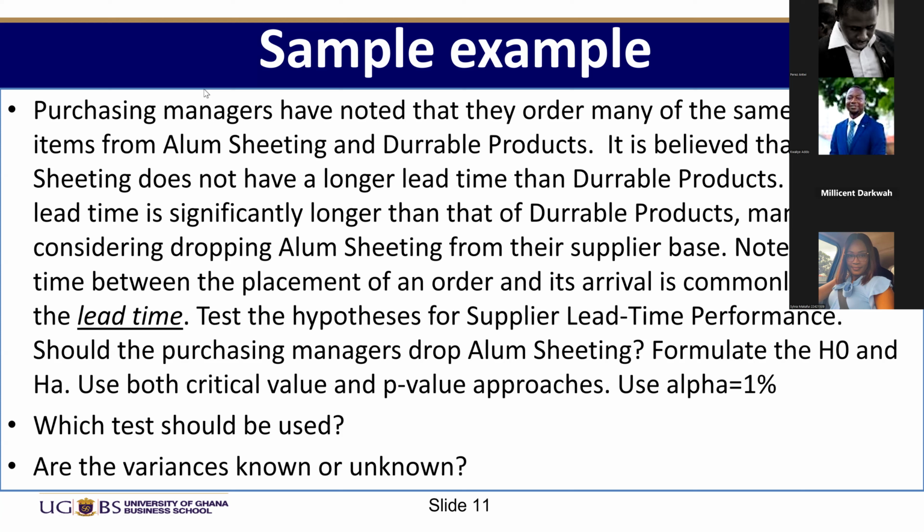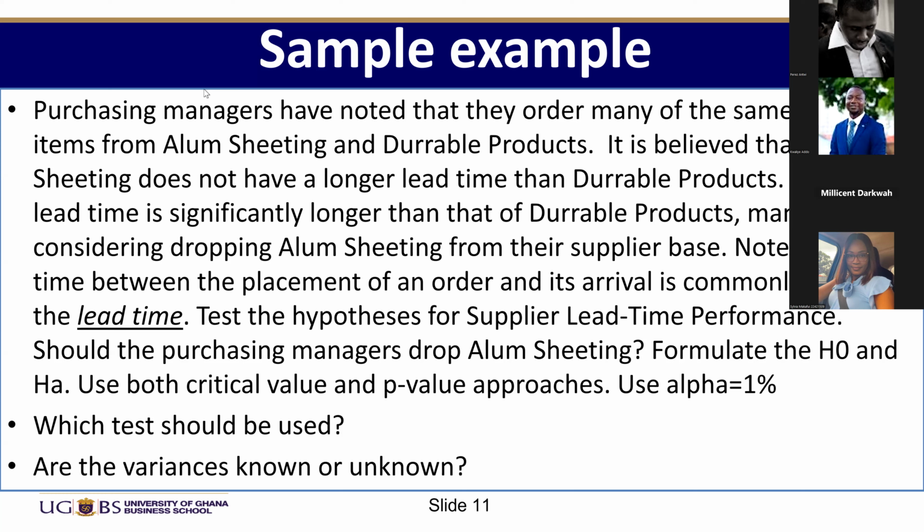So the word that will be guiding, I want to ask you questions. Don't say that that's all I know, okay? Because what you're about to tell me is correct from your point of view, so when I ask you questions, you should be able to defend that correctly. Please go ahead. The word that's guiding is "not longer". So it says does not have a longer lead time than durable products.